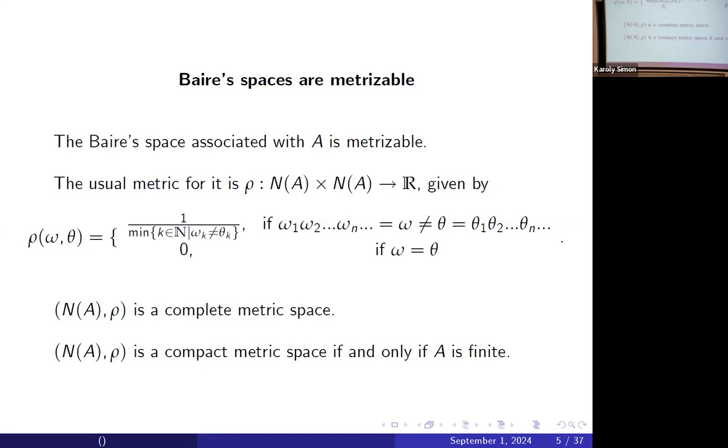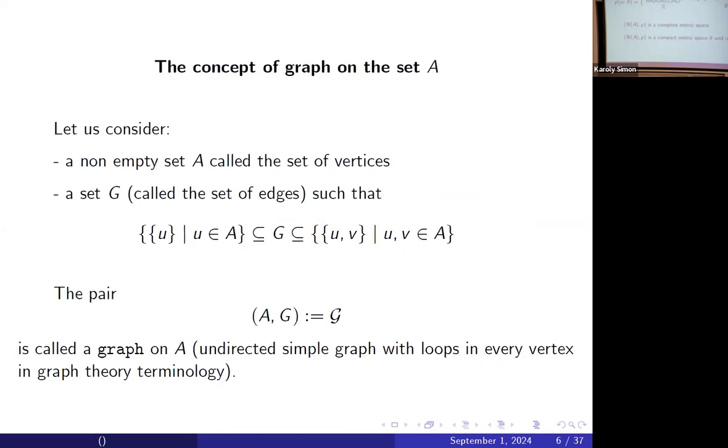Also, it's good to note that this metric space is complete and it is compact if and only if A is finite. We are going to use this piece of information later.